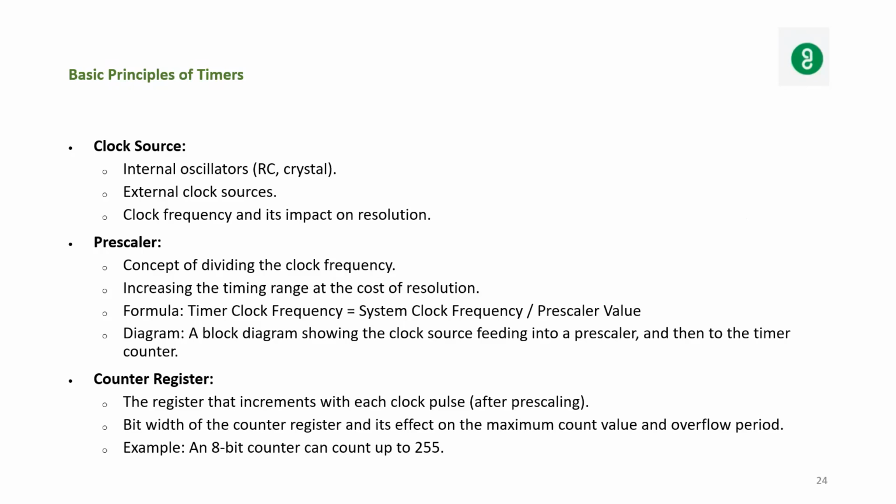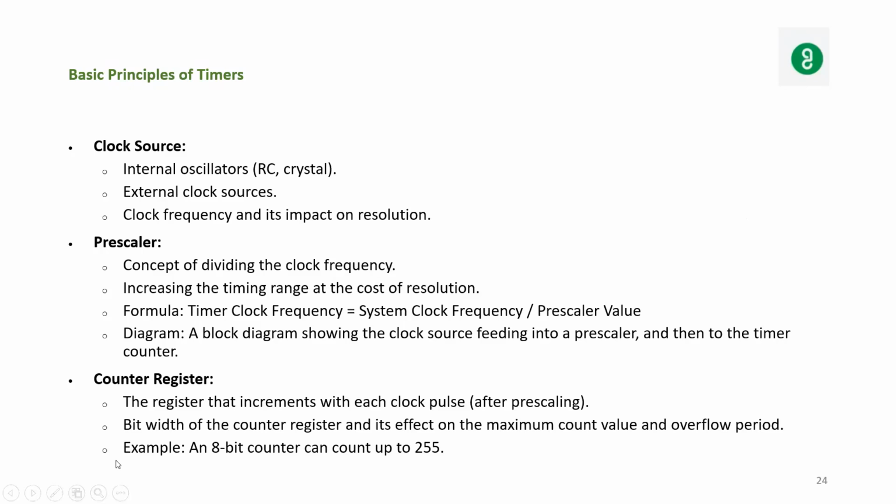It increases the timing range at the cost of resolution. The basic formula here is: timer clock frequency equals system clock frequency divided by prescaler. So the clock source feeds into the prescaler and then to the timer counter.